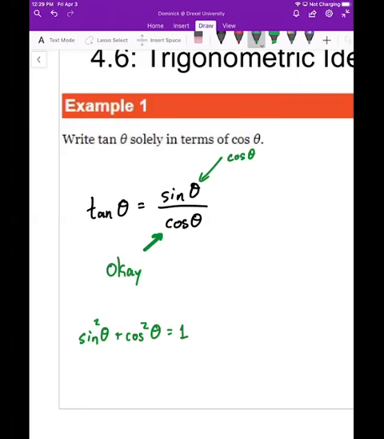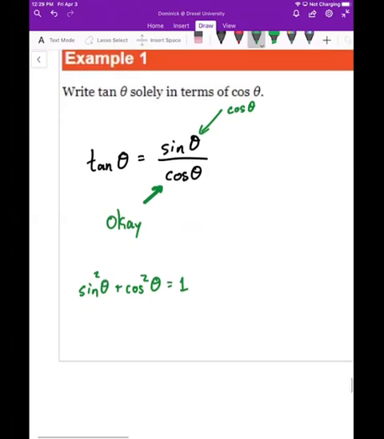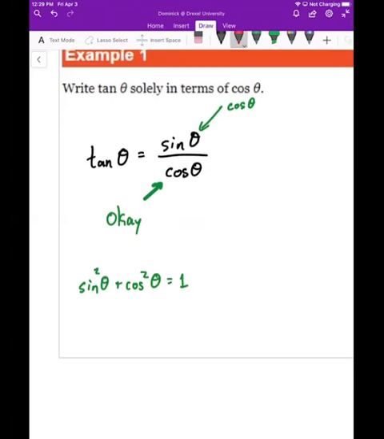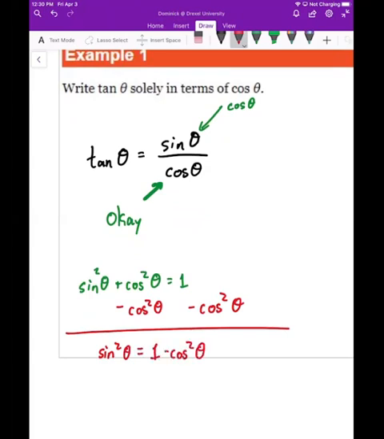Just to show it again, if I want to solve this for sine, I subtract cosine squared from both sides. I get that sine squared theta is equal to 1 minus cosine squared. So my sine is, again, plus or minus the square root of 1 minus cosine squared.